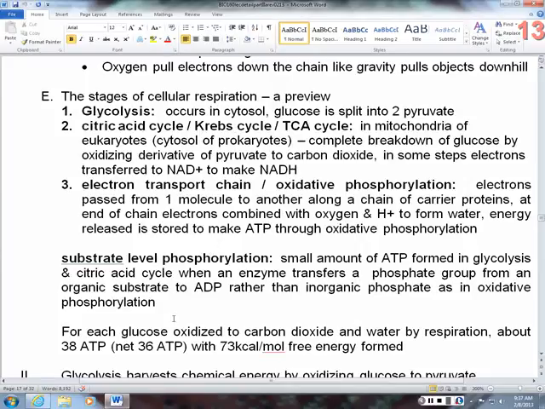So we have 2 main types of phosphorylation that's going to occur. Substrate level phosphorylation takes a small amount of ATP that's formed either in glycolysis or the citric acid cycle when an enzyme transfers the phosphate group from an organic substrate.